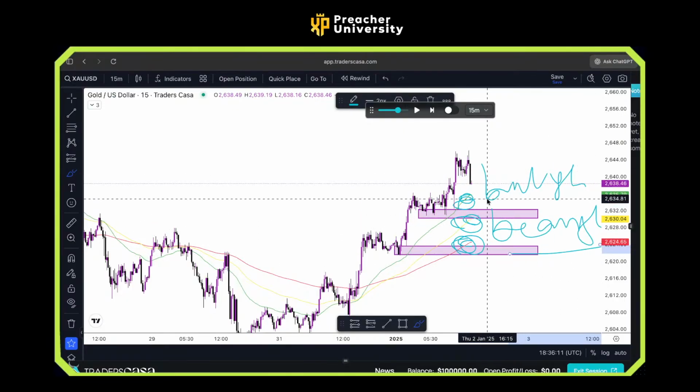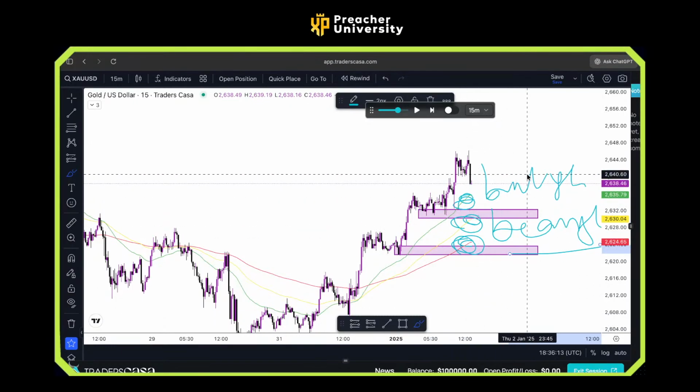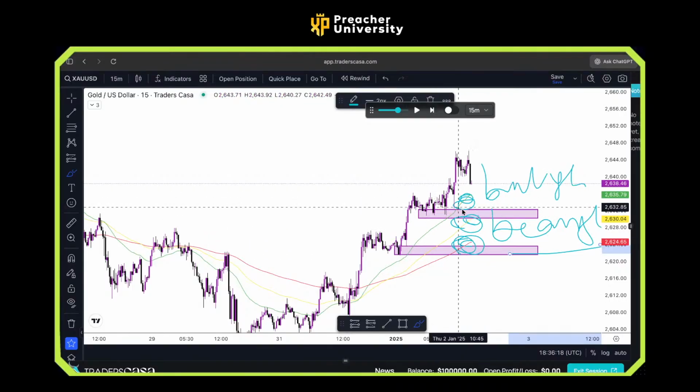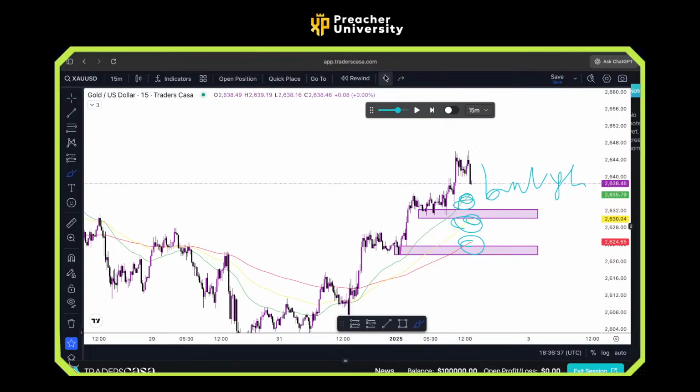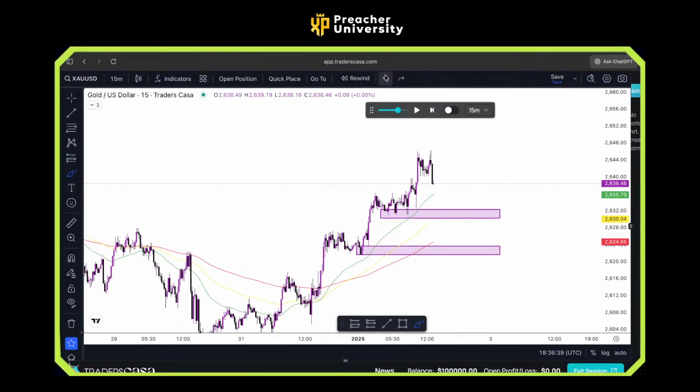Okay, and when we see that we have these not in this corresponding order, the 50 being greater than the 100, being greater than the 200, or the other way around, but we see these crossing each other, that means that the market is in consolidation, or it is trying to figure out a better place to get in momentum or get in trend.